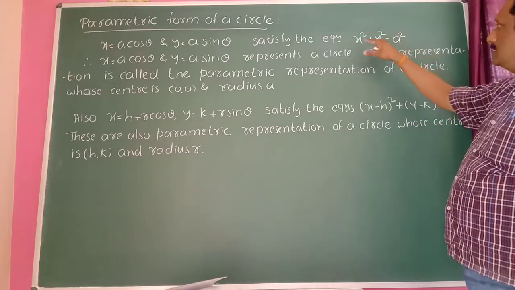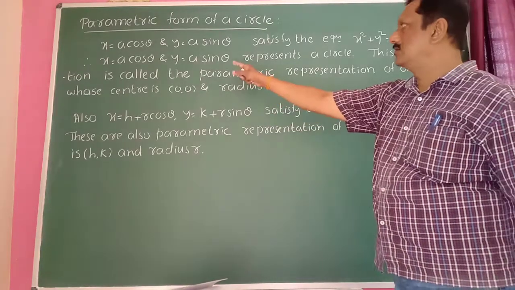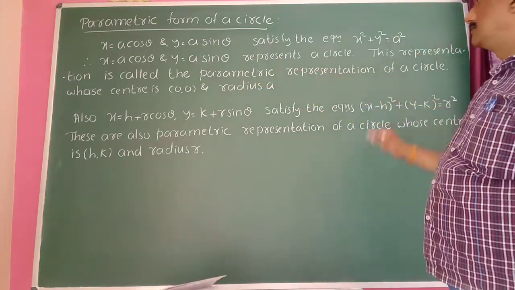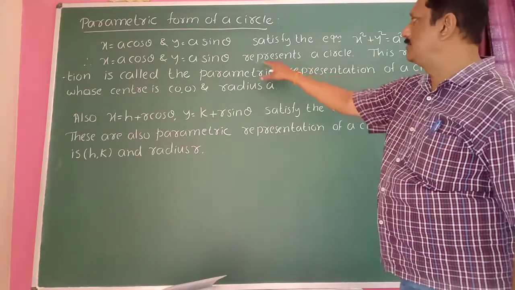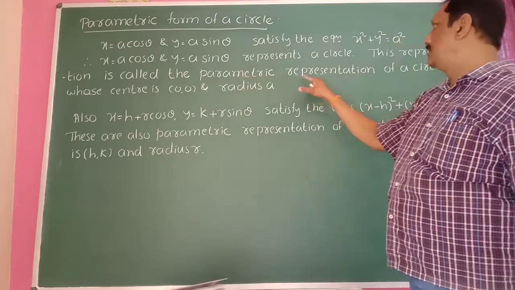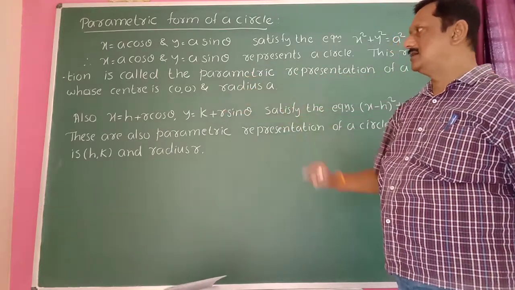Therefore the equation is satisfied. This representation is called the parametric form of a circle whose center is the origin and radius is a.